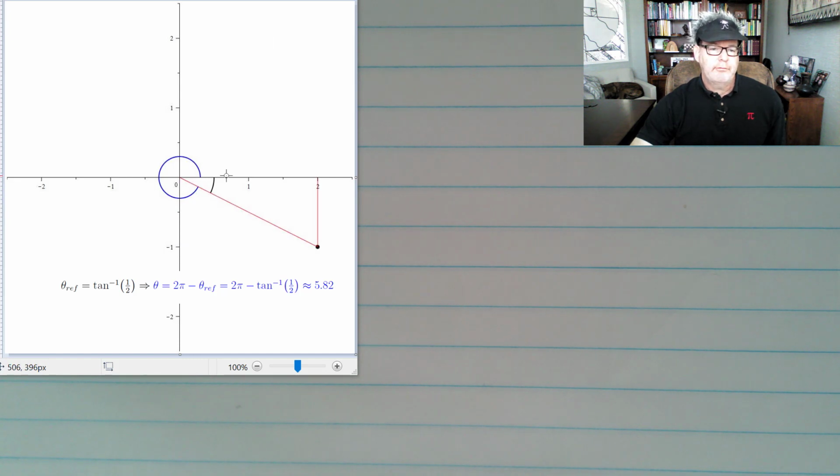Finally, in quadrant 4, again the reference angle is the same, with opposite 1 and adjacent 2, so this would be the point (2, -1). Generally we want angles from 0 to 2 pi, so you want 2 pi minus that reference angle, arctan 1/2.